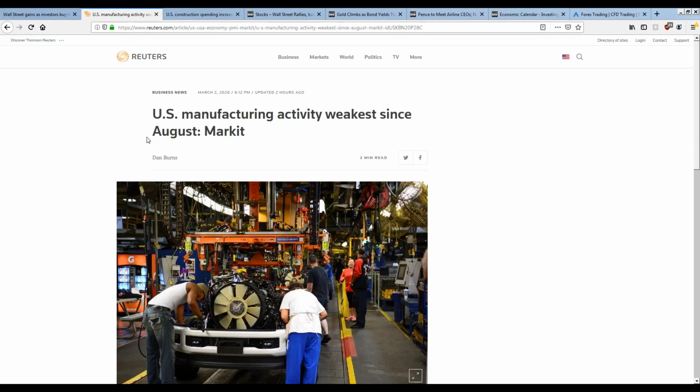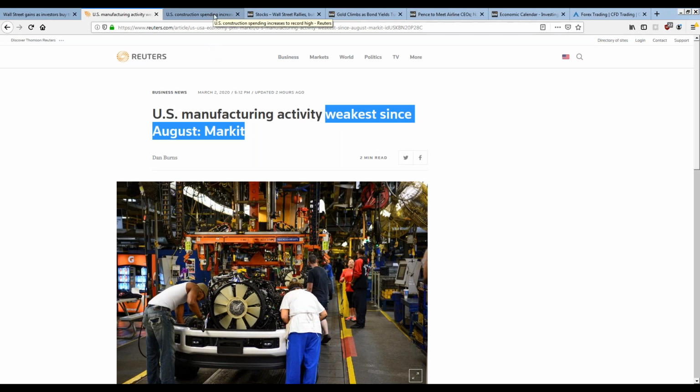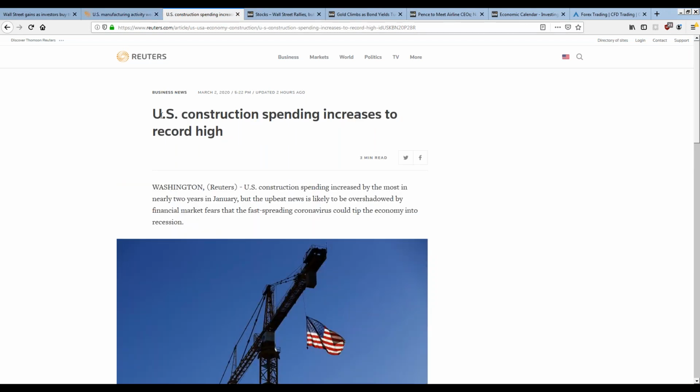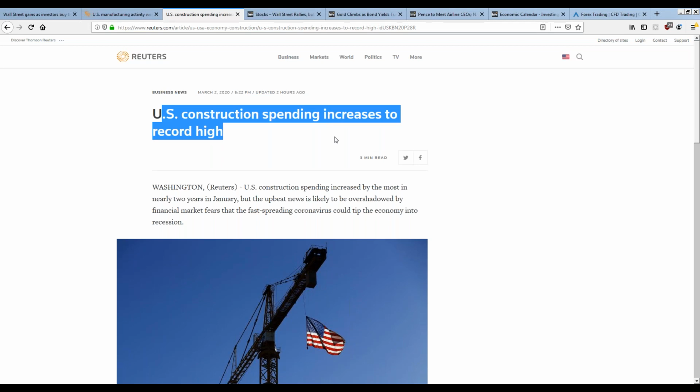And so this is some of the regular economic announcements that came in today. There were some manufacturing numbers scheduled, some other factory numbers, and we can see US manufacturing activity came in bad, weakest since August. Okay, well, that's not good news. But then we have another article that says US construction spending increases to record high.